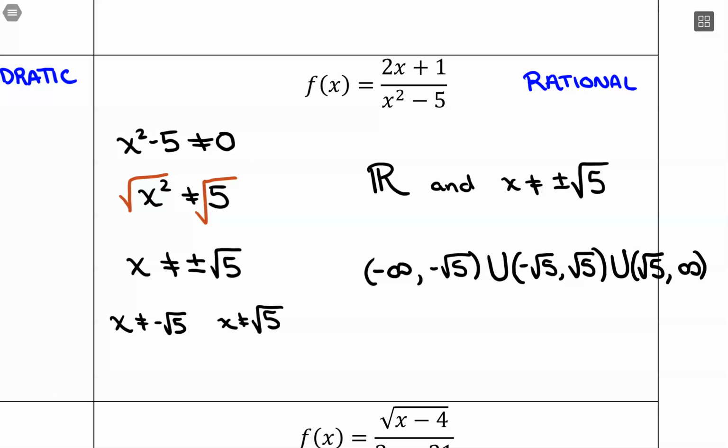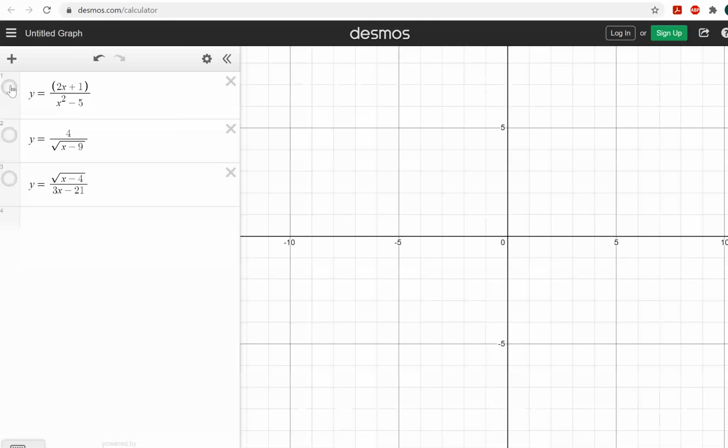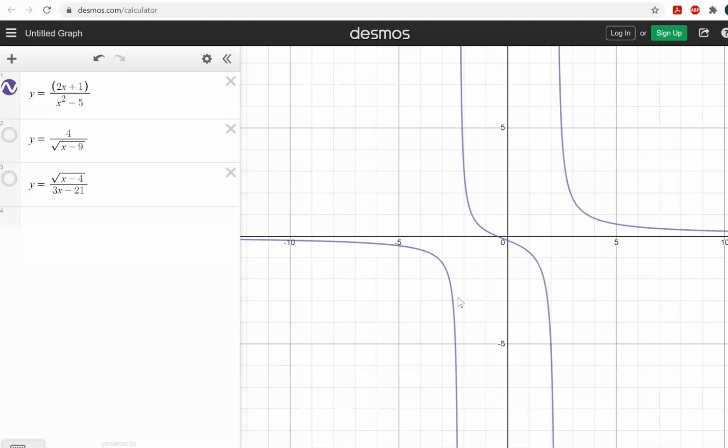So with that, let's take a look at the graph. And we can see, and it's hard because square root of 5 isn't a whole number, but the negative one's right there, positive one's right there for those vertical asymptotes.